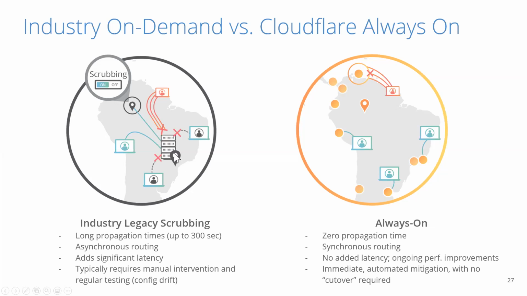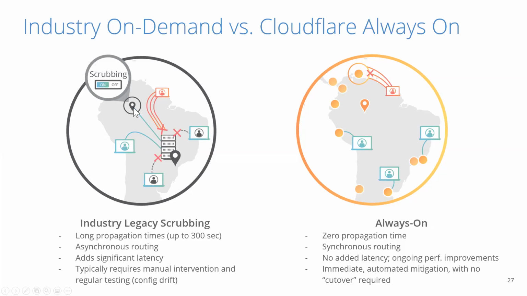So what is a scrubbing center? A scrubbing center is a data center that is able to contain a huge bandwidth and cleanse the traffic, so mitigate and block all the bad traffic, and forward the good traffic to the origin.